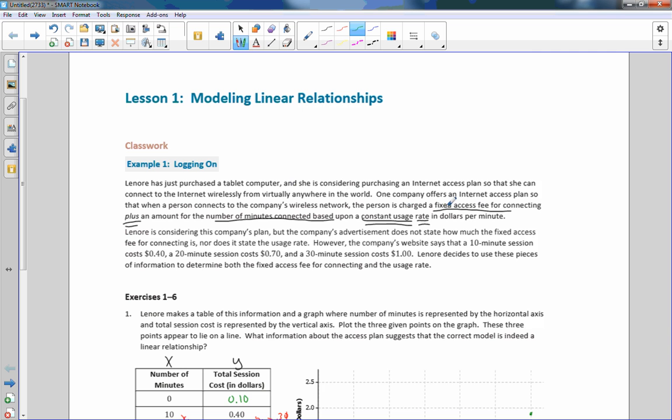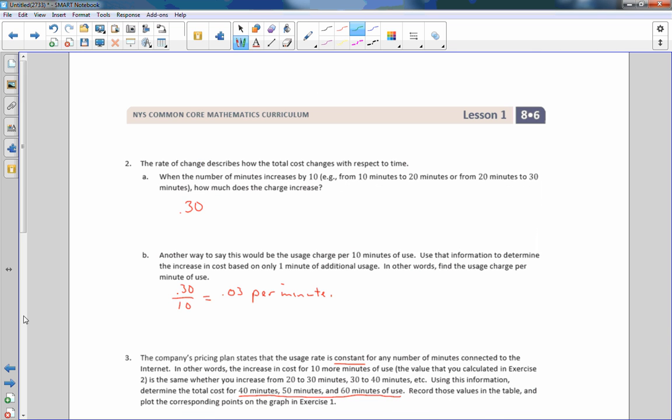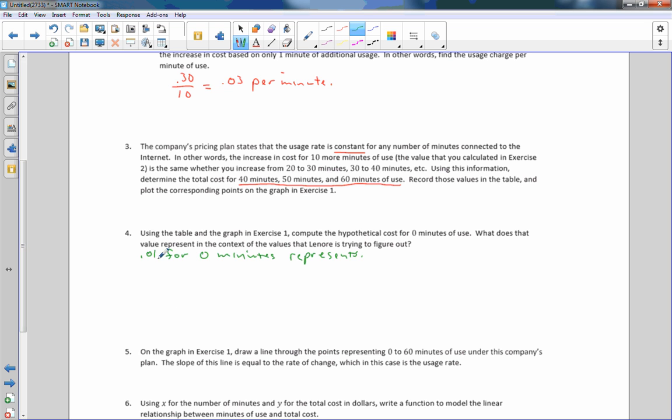A fixed access fee. So that's what they're calling it, an access fee. So I just wanted to use the right terminology here. So, that is not right. This is 10 cents for 0 minutes represents the connection fee.